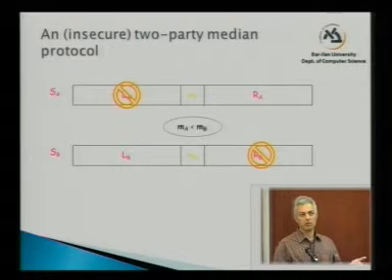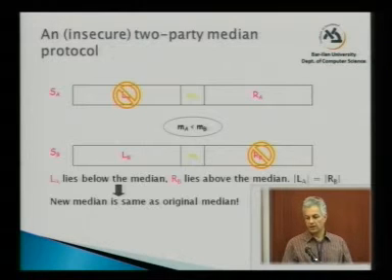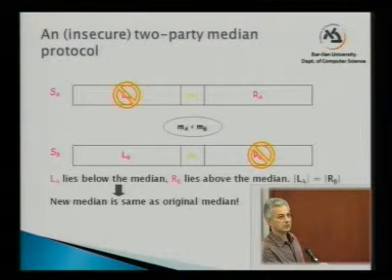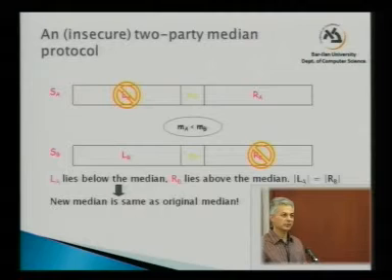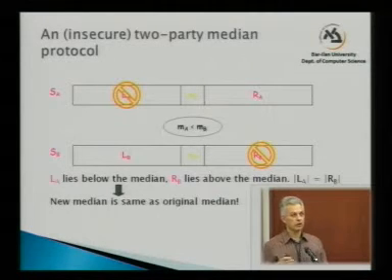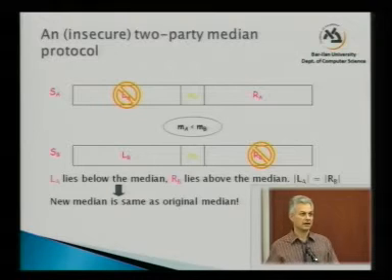So they can just throw these items and continue the protocol just with the items which are remaining, these items and these items. Okay? So basically we did here a reduction from computing the median on a set of a certain size to computing the median of a set of half the size.